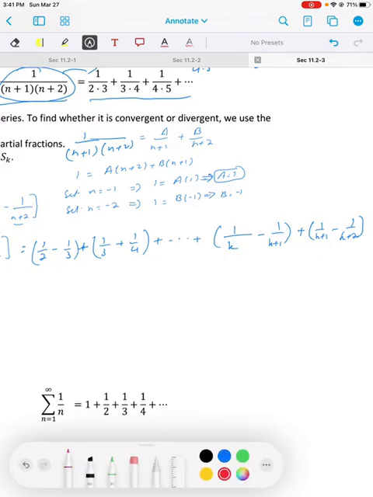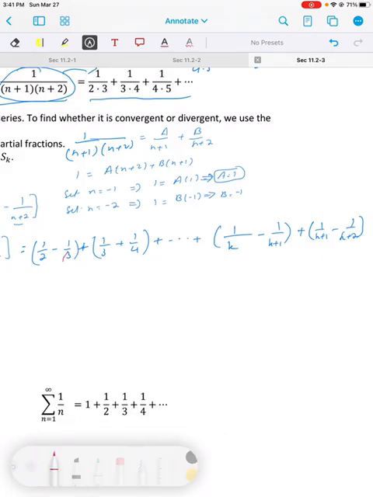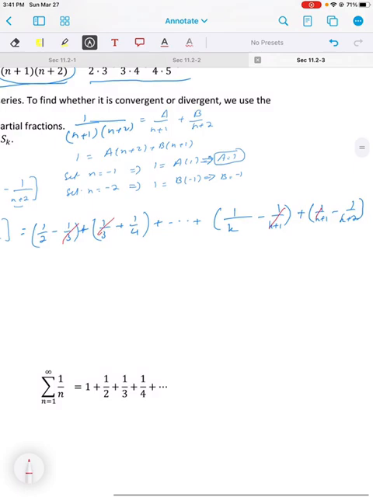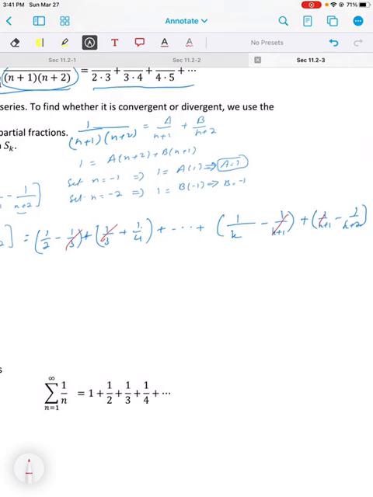Notice here, when we write it like this, some terms get cancelled. This cancels with that. In the same way, 1 over k plus 1 and 1 over k plus 1 cancel. In fact, all the terms in between are going to get cancelled.